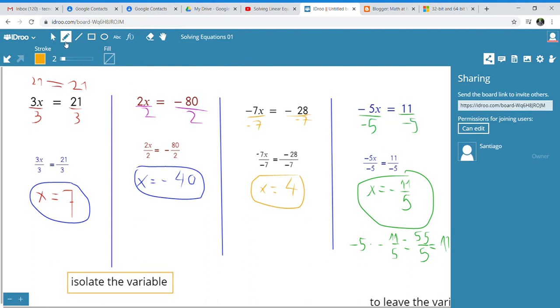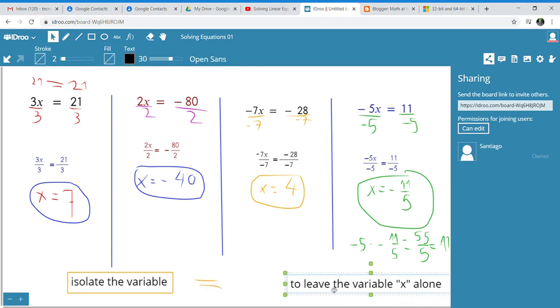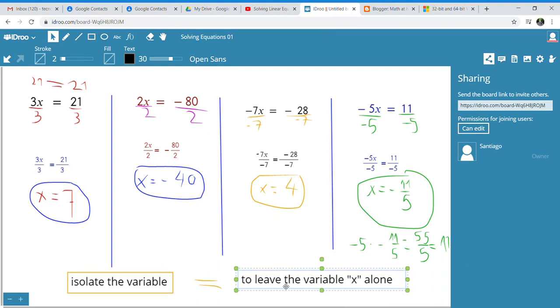So as I told you, to isolate the variable is to leave the variable x alone. Why did I say x? Because you can use different variables, not only x. Okay? In this case, we use x.